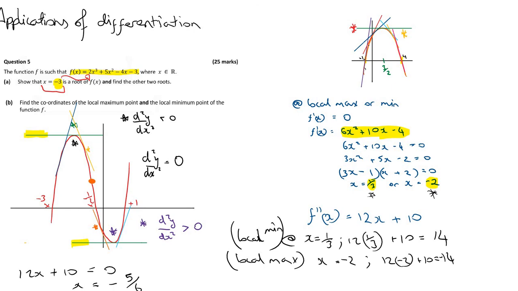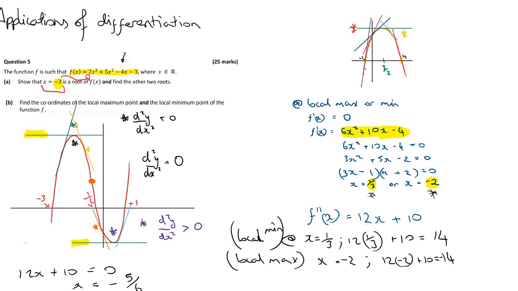So I've gone through a leaving cert question based on applications of differentiation. We know now how to find the local maximum or the local minimum of the curve. We just let dy dx is equal to 0. Then when we want to find whether it's a local maximum or minimum, we can plug in that value of x into the original function to see which value is the highest, or else we can find the second derivative.